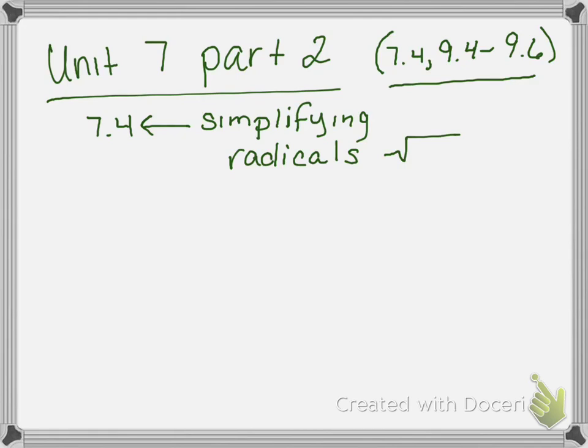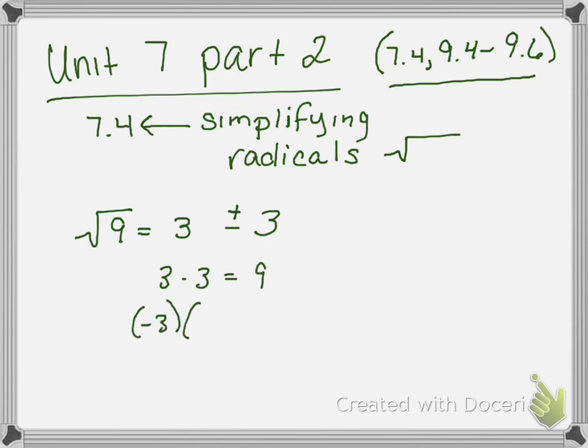So we know our perfect squares. We're going to list them out in just a second. But for instance, we know that the square root of 9 is 3. Technically, it's positive or negative 3, first of all, because 3 times 3 would give me 9, but also negative 3 times negative 3 is equal to 9.